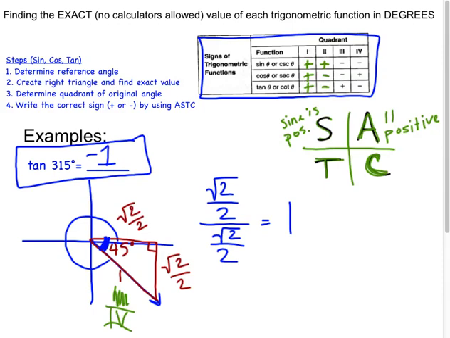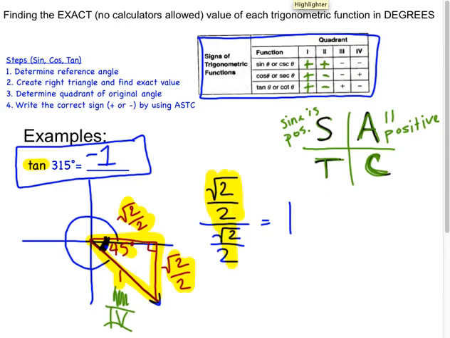So that should give you enough information. The things that I'm going to be looking for on your test would be a correct reference angle, a triangle drawn within the correct quadrant to start off with. Once you know that quadrant, that reference angle, you fill in the correct side lengths. Then, looking at your trigonometric function, you build the correct fraction.